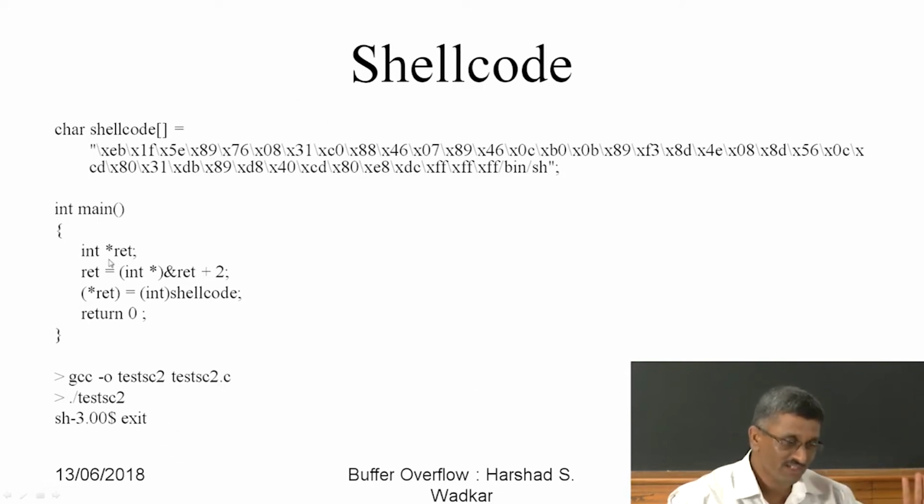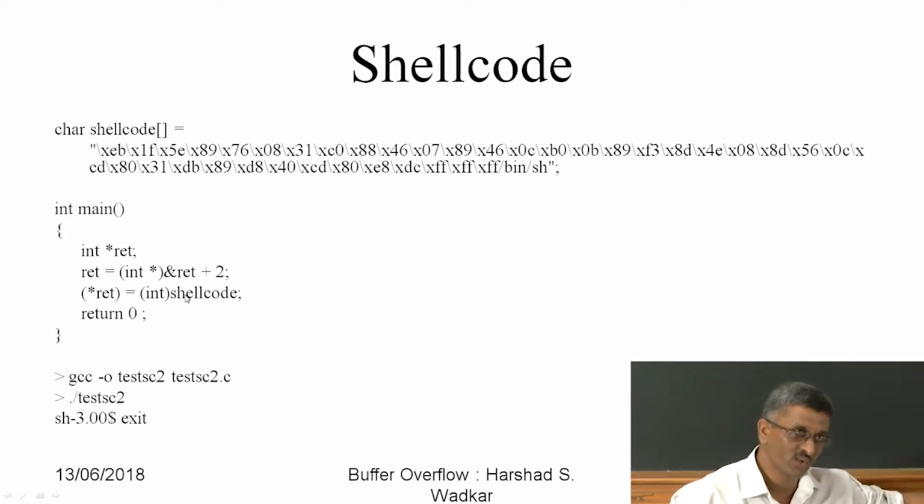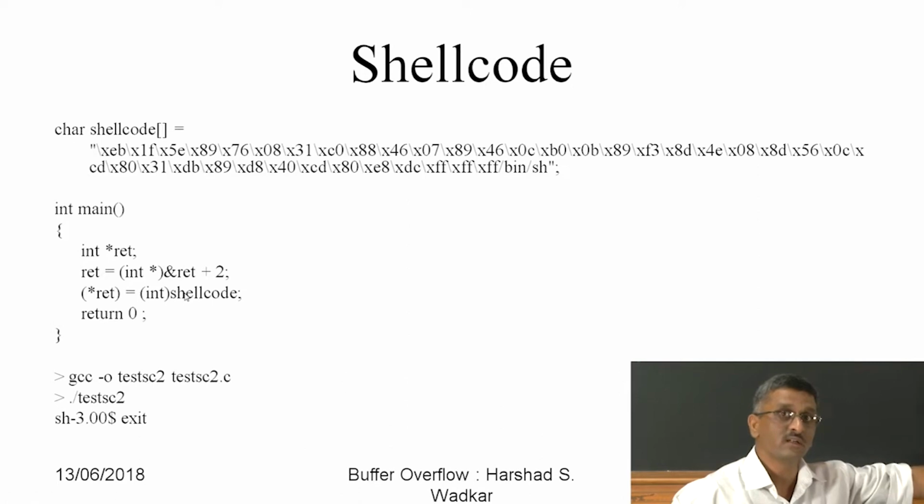The code looks the same: int star ret equals int star ampersand ret plus 2, ret equals int shellcode. What happens now? I have given the return address, and that address is going to execute this shell code. What is the shell code doing? It is executing the binary version of that code, and going to get the root prompt again.